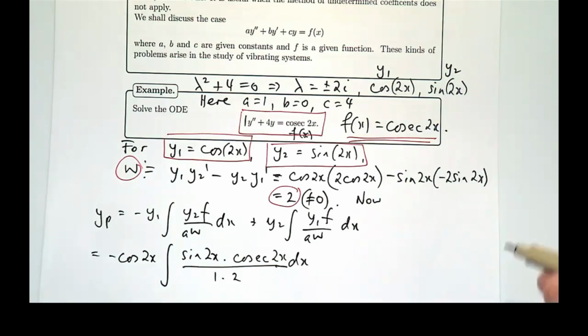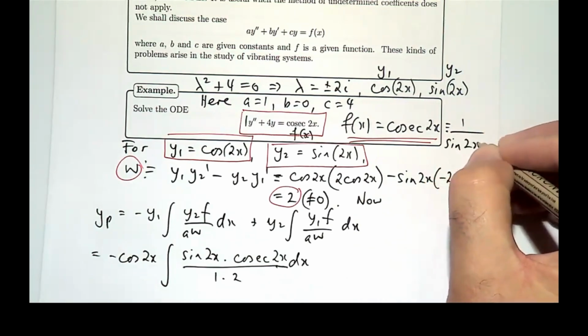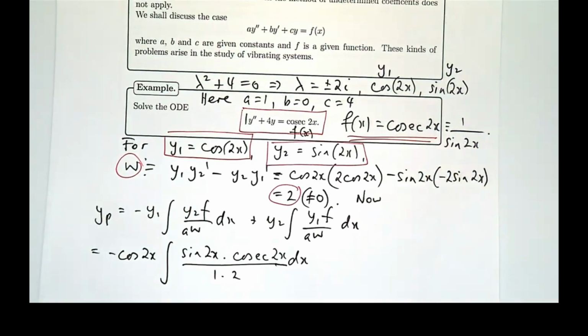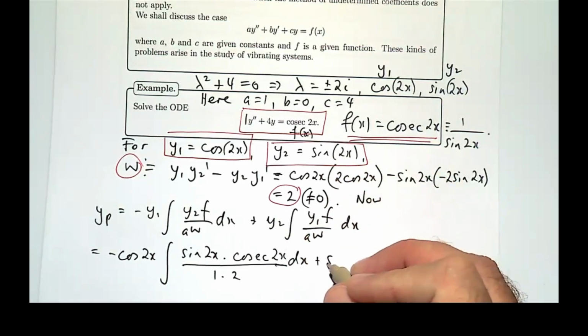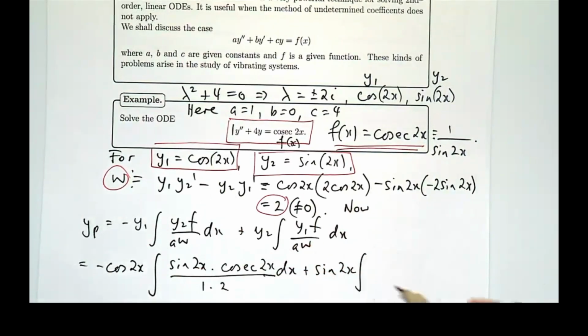So remember this is just that, okay, like you said. So this will actually cancel each other out. Let's look at this bit. Okay, y2 is that. y1 is that.